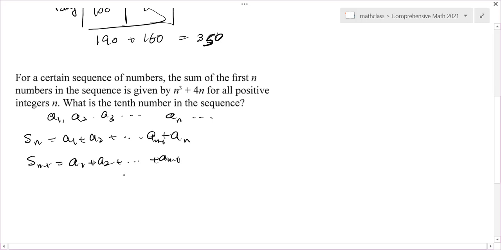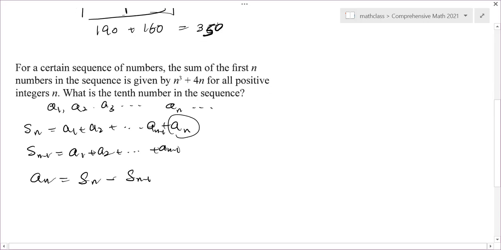So you see the difference. The nth term can be expressed as the difference of those two. If you know the formula for the sum of the first n terms in general, then you can also figure out the nth term using this identity.